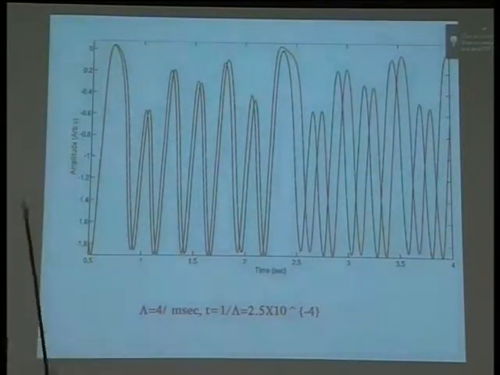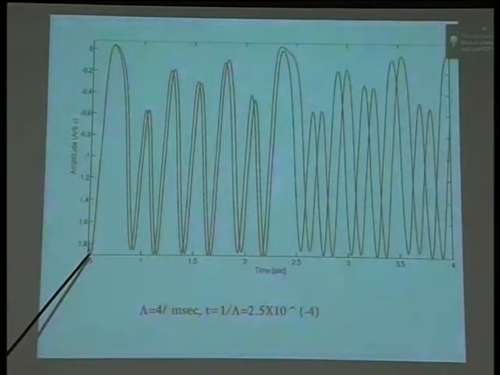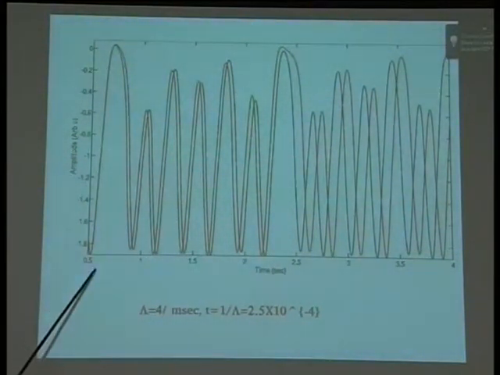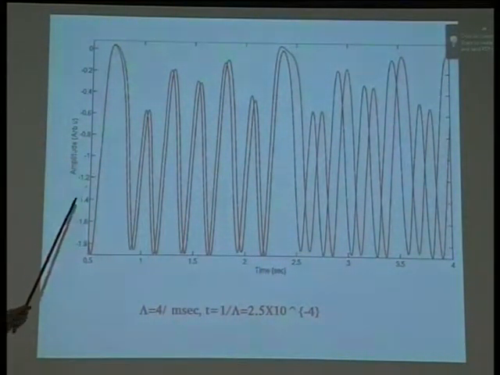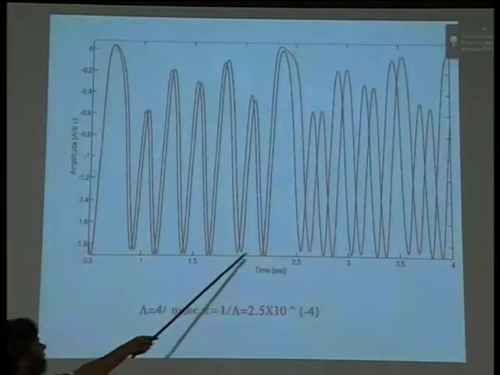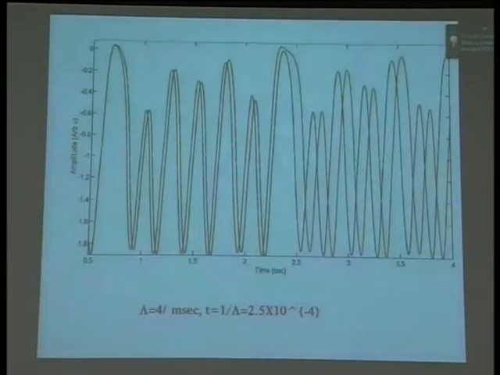With a Lyapunov exponent of 4, the Lyapunov time will be 2.5 into 10 raised to minus 4 seconds. These are two different initial conditions that are very close; initially they follow each other, but after some time they diverge completely.